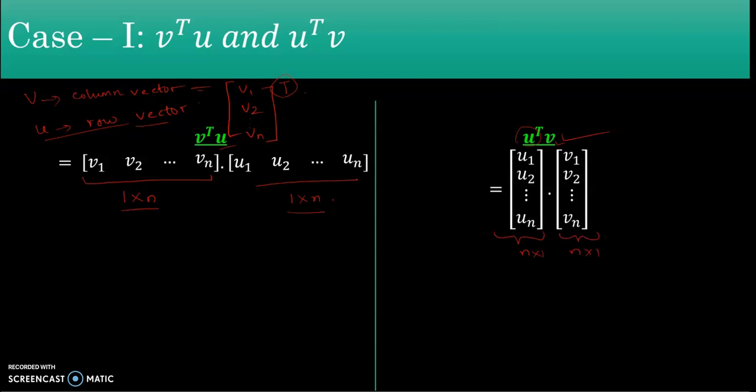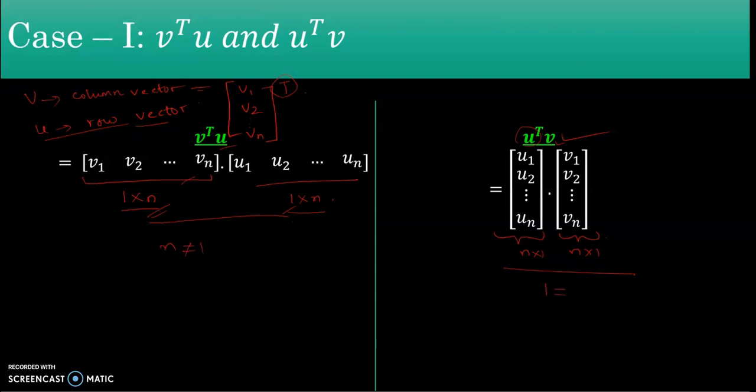But ask yourself, are we able to multiply these vectors for both these cases? The answer is no. From the linear algebra point of view, the column of the first vector should match the row of the second vector. Here n is not equal to 1.